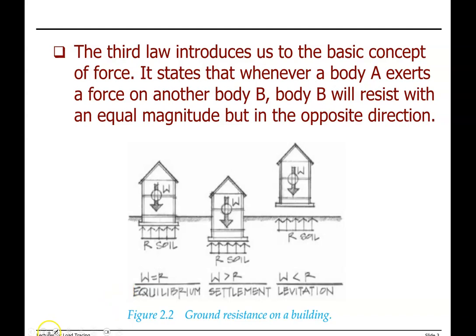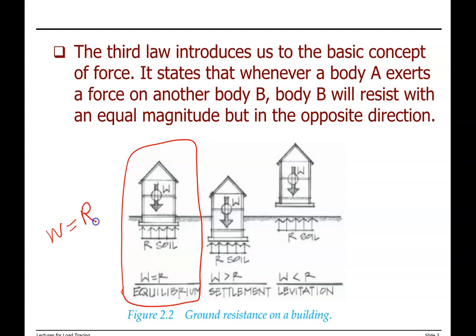This one is when we have an equilibrium. What does it mean? It means that the load is equal to soil resistance. So there is no movement. Our structure is stable and in equilibrium.